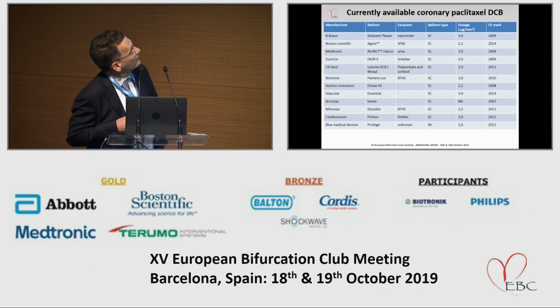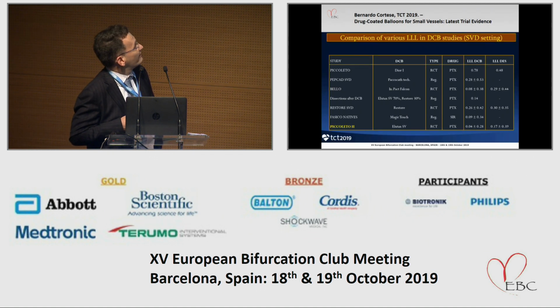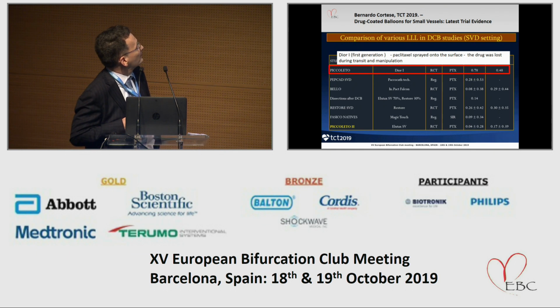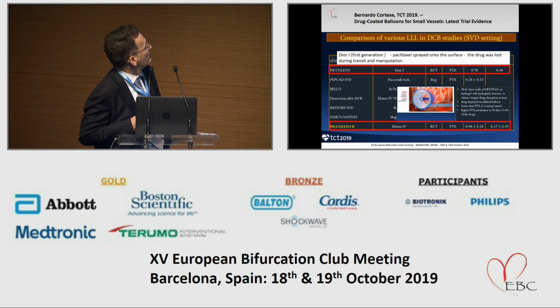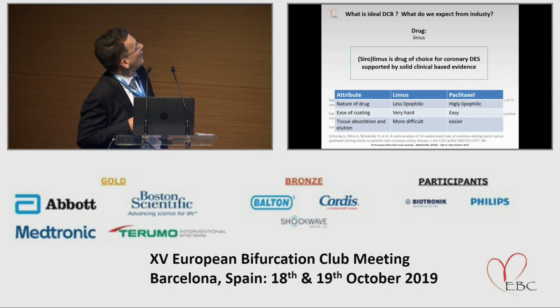There are currently a number of available coronary paclitaxel drug-coated balloons, which, however, show no class effect among them, so there has to be another factor to account for the difference in clinical performance, which is the improvement in the drug carrier, as evidenced, for example, by the huge difference in late lumen loss between the first and second generation balloons, with improved technology resulting in better pharmacokinetics and better late lumen loss.